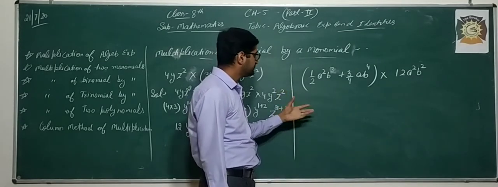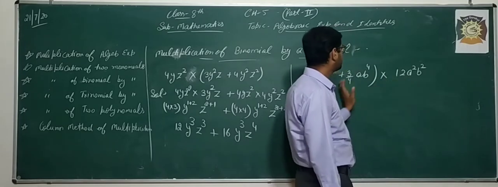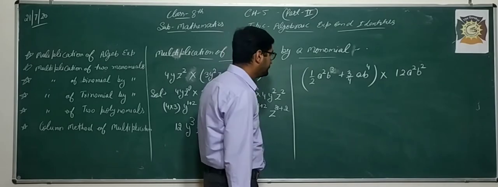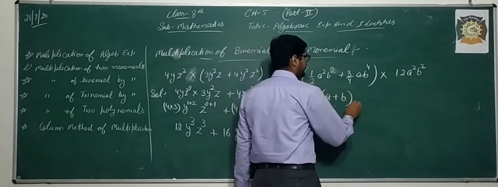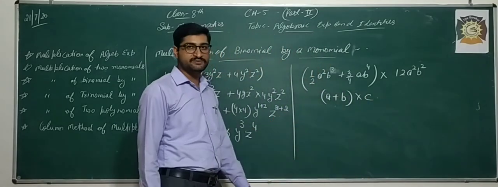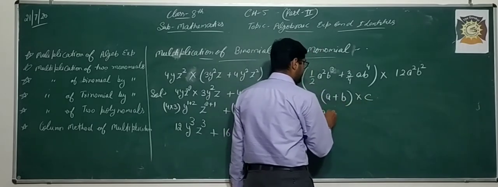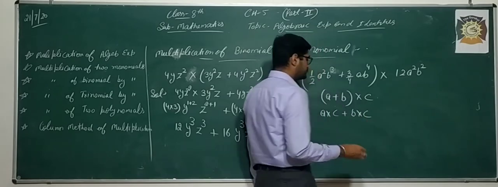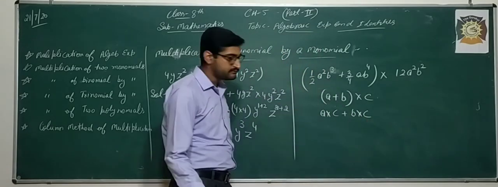Here you can see this is a binomial term and this is a monomial term, and we have to multiply these two terms. One identity: if we multiply a plus b into c, as we have already studied in previous classes, it is represented as a into c plus b into c. So according to this rule, we will solve this.